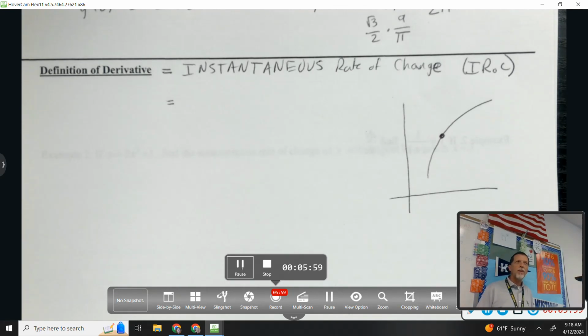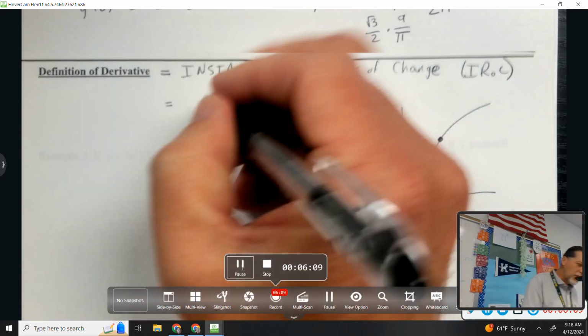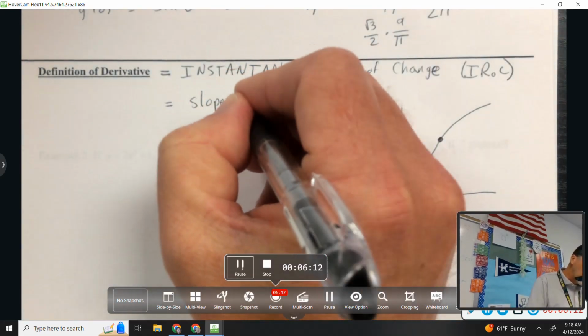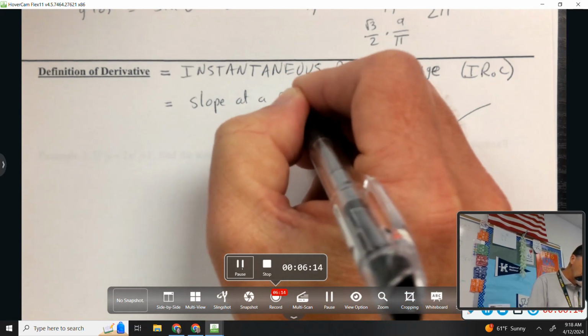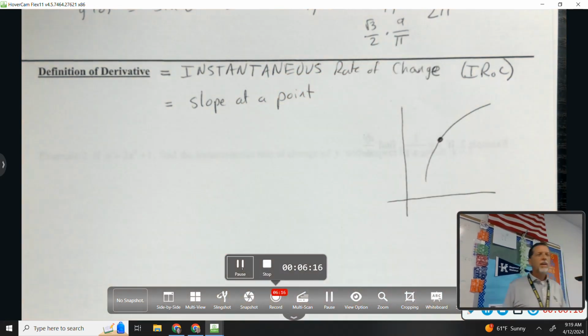Because what do you have to have if you want to find the slope? 2 points. What does instantaneous rate of change suggest? 1 point. So yeah, another way to say this is like the slope at a point, which in algebra is not possible because the slope formula requires 2 points.